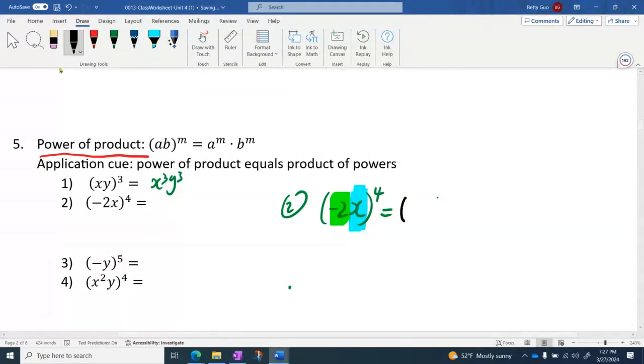So we're going to apply the fourth power on each factor. Apply on the green times apply on the blue. Let me apply the color.